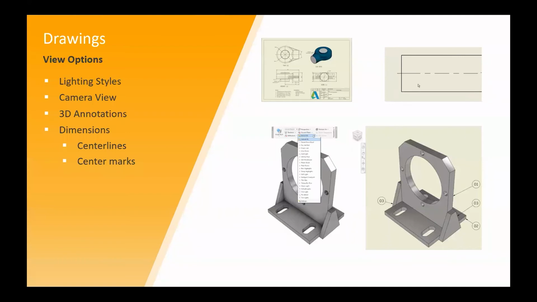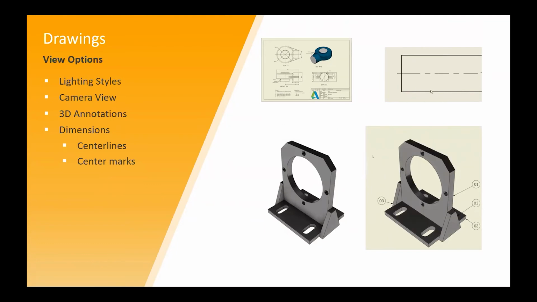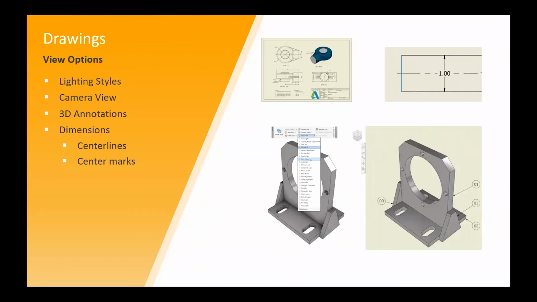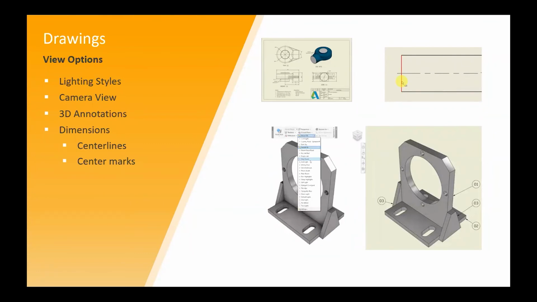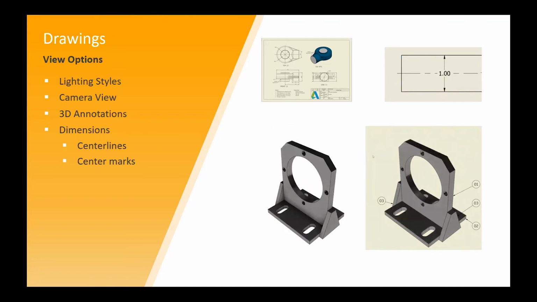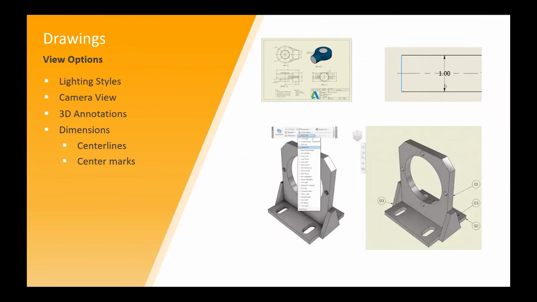One other minor change in the drawing environment is that we can now use lighting styles from our part mode in our drawing mode. So you'll notice that we can apply a lighting or a color scheme or something specific from the drawing environment. I know a lot of people found this a little bit annoying previously, that we couldn't apply lighting to make our isometric view of our shaded models improved, and there were some challenges with that.